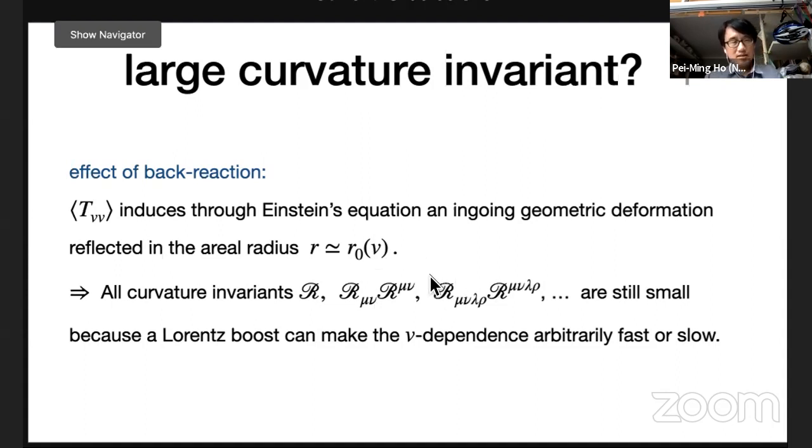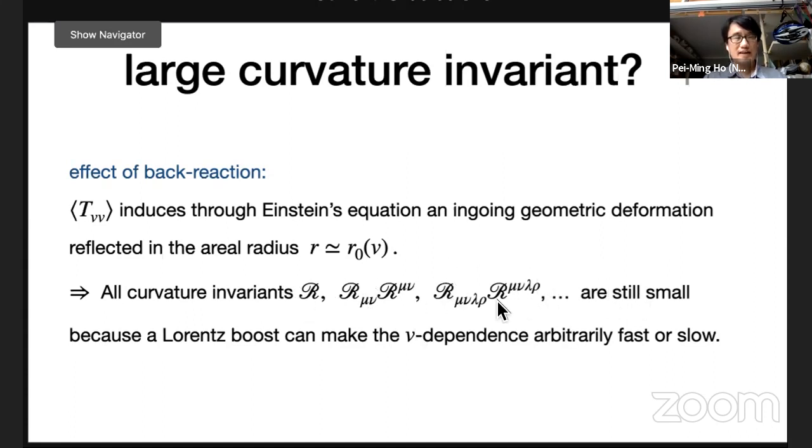result is small. You can argue that since the leading order correction to the areal radius is a V dependence, and V dependence has no invariant meaning because you can do a Lorentz boost to change the V dependence to arbitrarily fast or slow, such V dependence cannot give you a large curvature invariant.